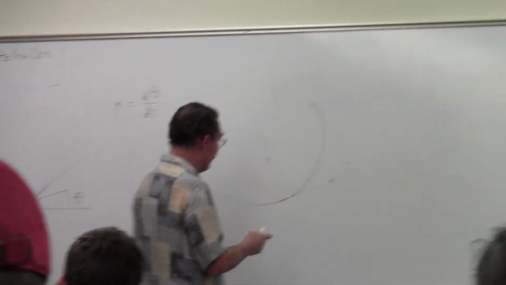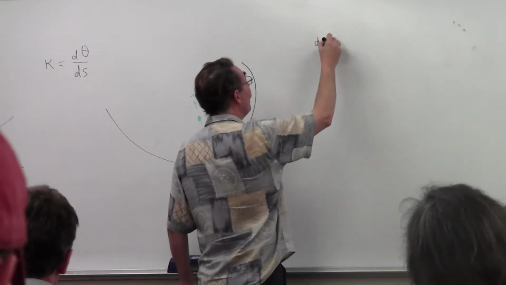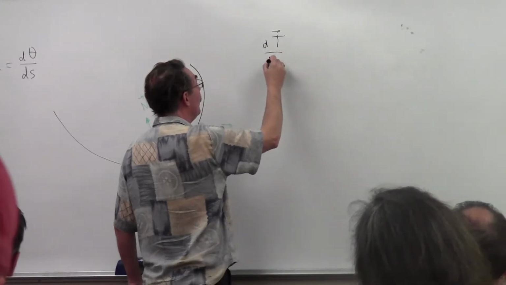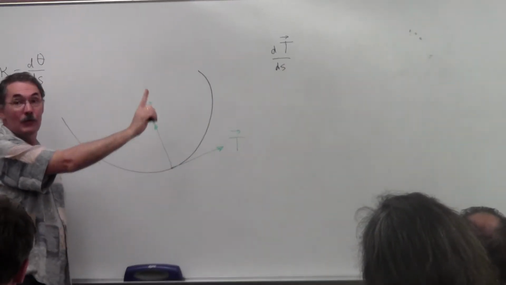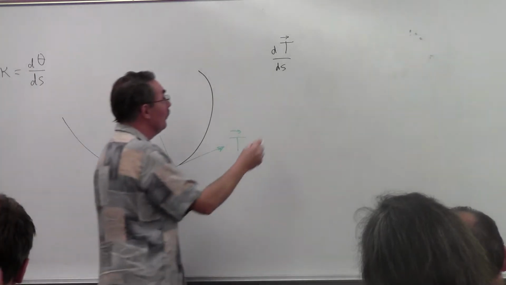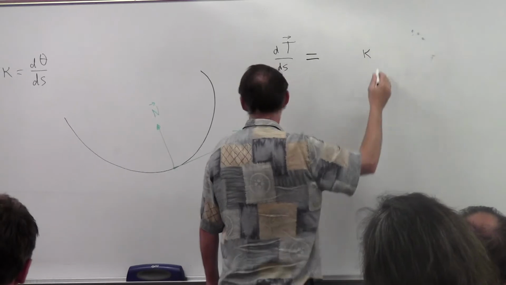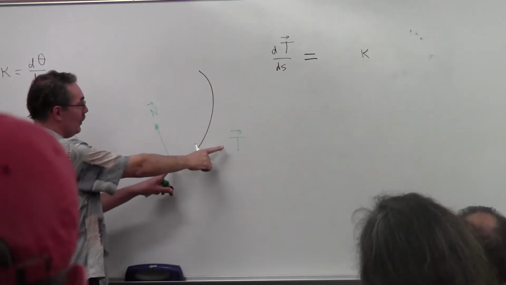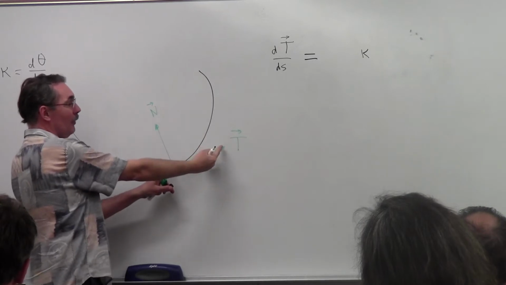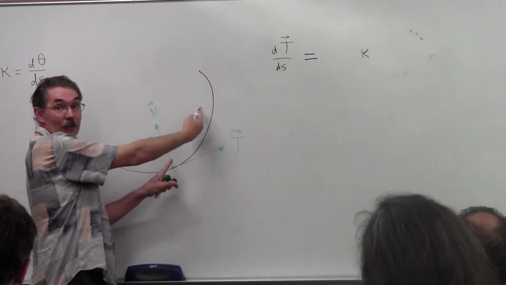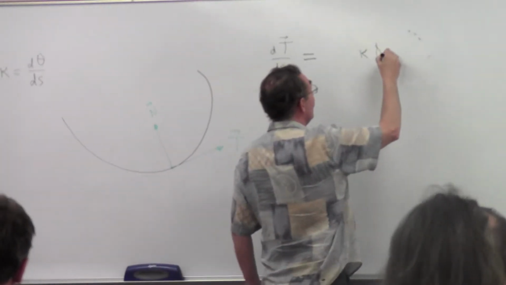A different way of defining the curvature is to say that the derivative of the unit tangent with respect to arc length, as you move along the curve, rotates, and the rate at which it rotates is exactly the curvature. If you differentiate this vector, it will be perpendicular to t. It's a unit vector, so it will be a multiple of the normal. So this will be k times n.